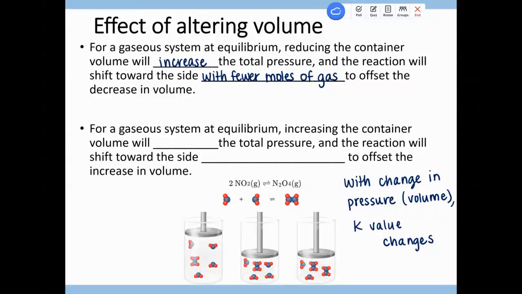The second bullet point is the opposite scenario. For a gaseous system at equilibrium, if you increase the container volume, that decreases the total pressure. And the reaction will shift towards the side with more moles of gas, to offset the increase in volume.